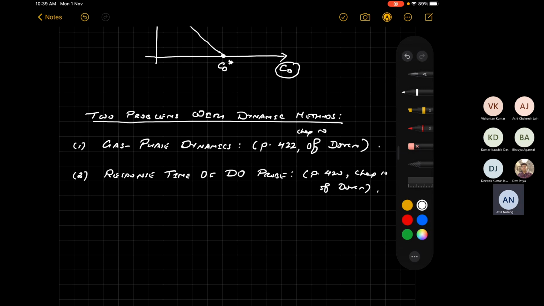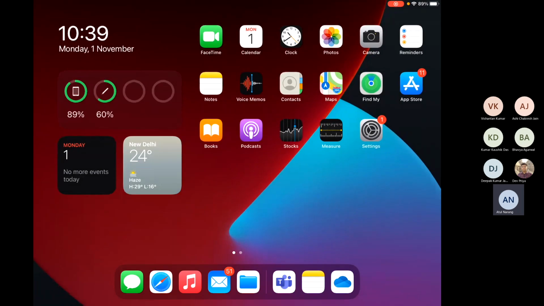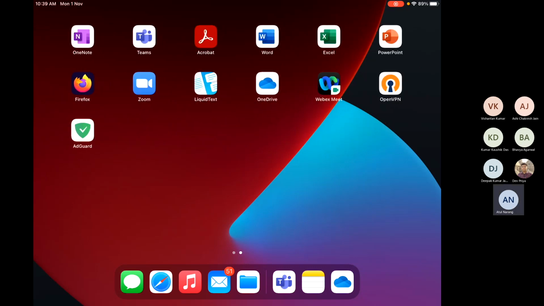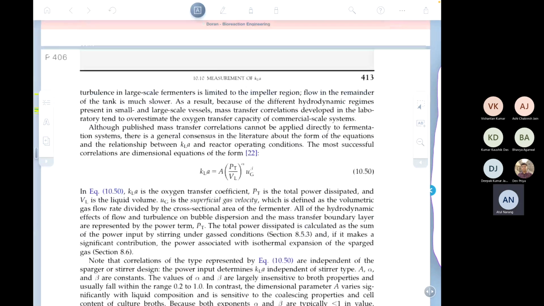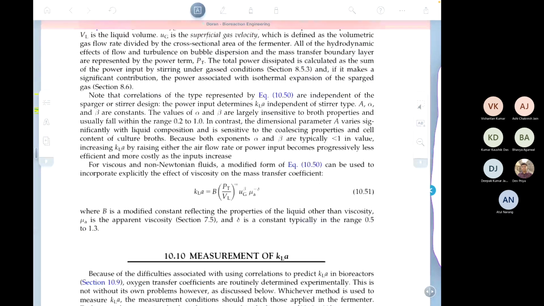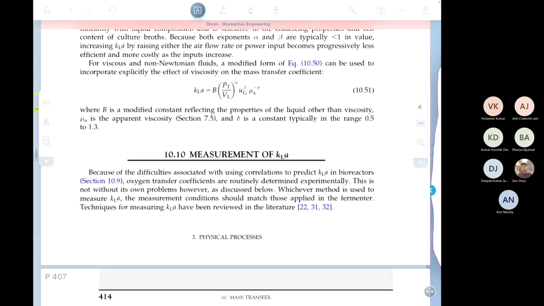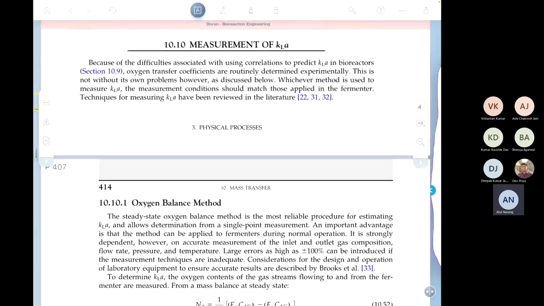So let me just actually open up Duran and show you what I have covered. And I urge you to read this on your own. What I have covered is section 10.10, measurement of KLA.